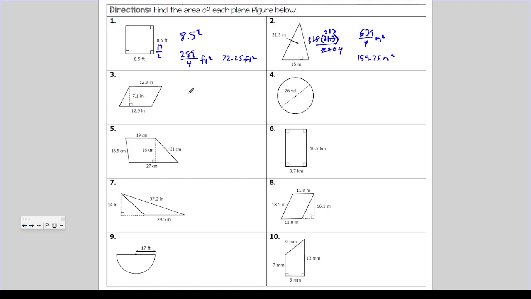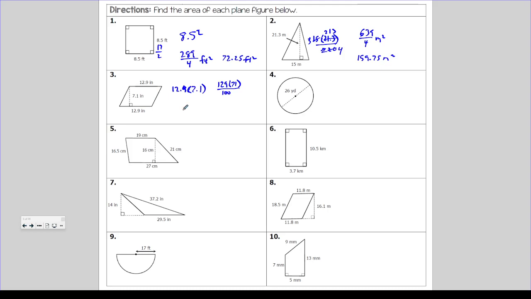Next one is a parallelogram. So we just do the base times the height. So we have 12.9 times 7.1. Use parentheses so we don't confuse decimals with multiplication. We need to multiply this by 100 in order to make it into an improper fraction. So we could call this 129 times 71 over 100, which doesn't simplify. So we'll end up with some number of hundredths.